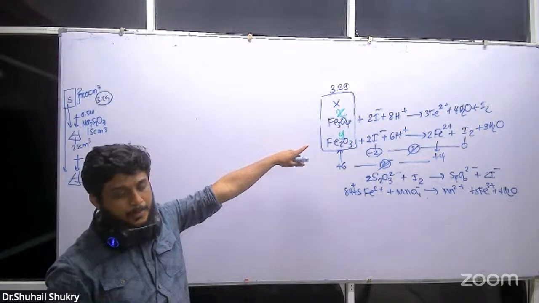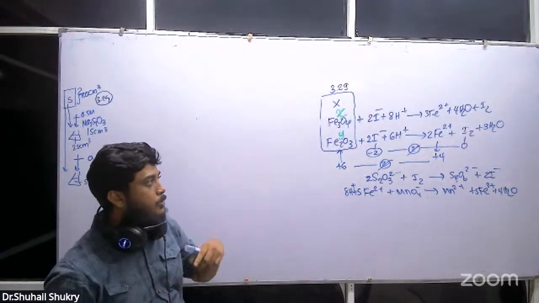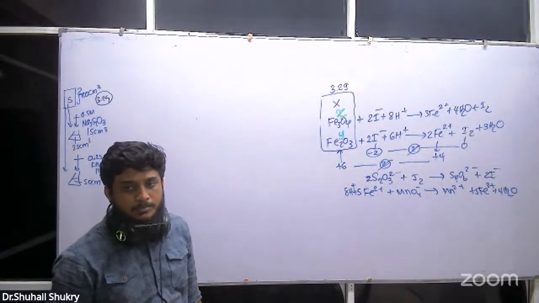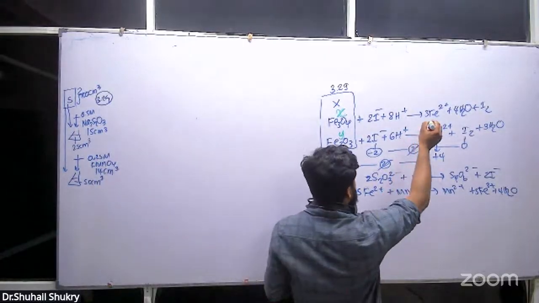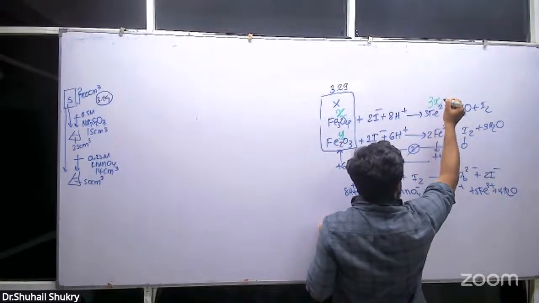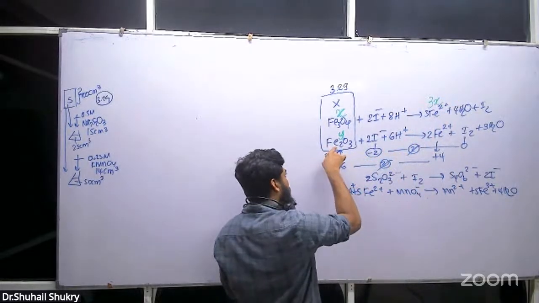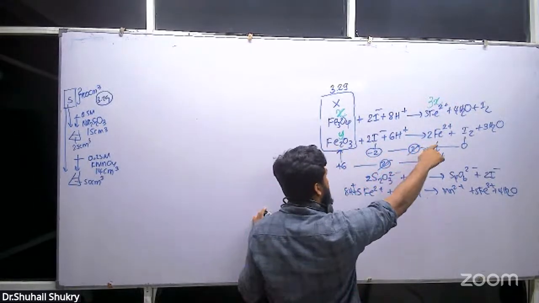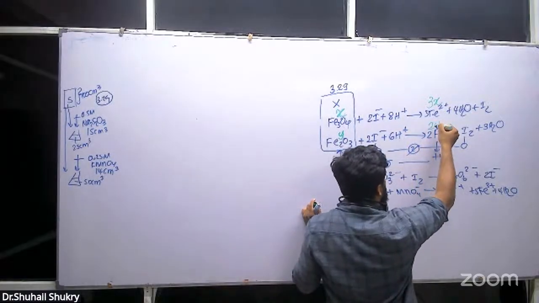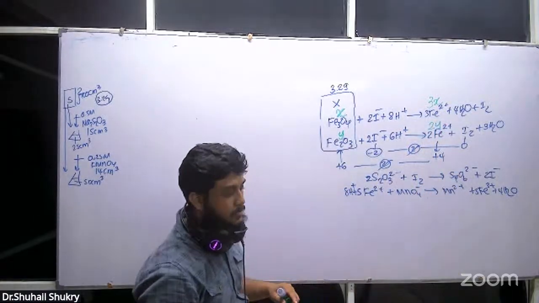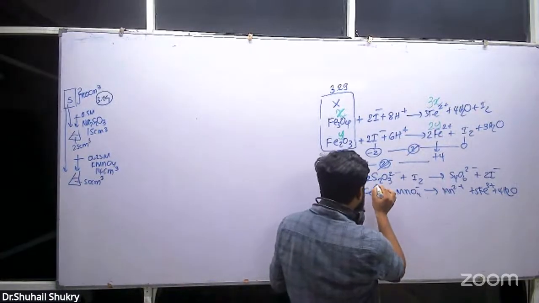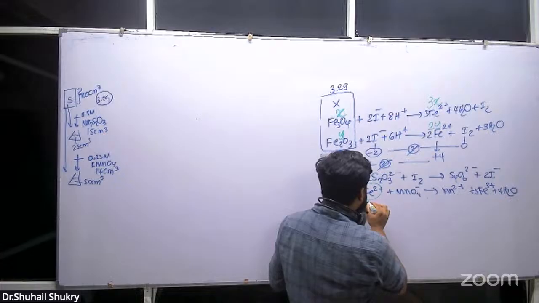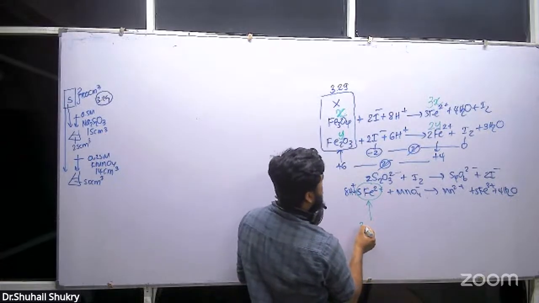Fe3O4 moles are X means Fe2+ moles are how much? 3x. Fe2O3 moles are Y means Fe2+ moles are 2y. So whatever the Fe2+ here is equal to 3x plus 2y.